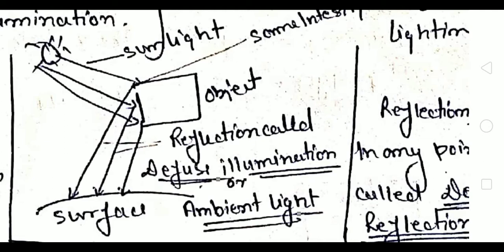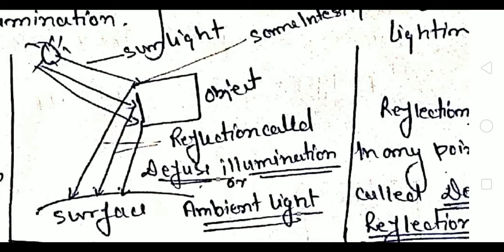The light that is reflected from the other object and arrives at this object's surface has the same intensity at every point. This type of light is called diffuse illumination or ambient light.